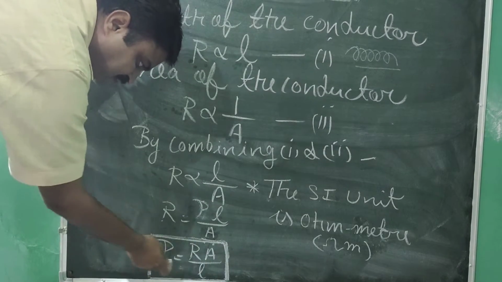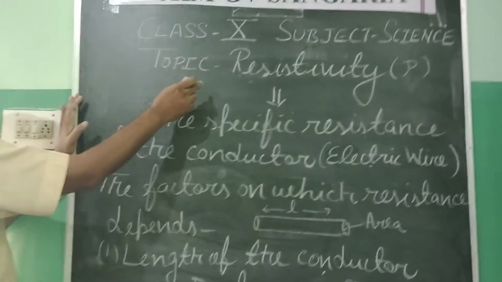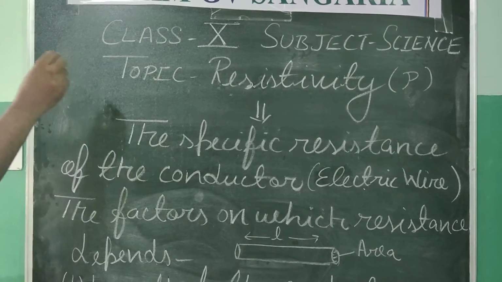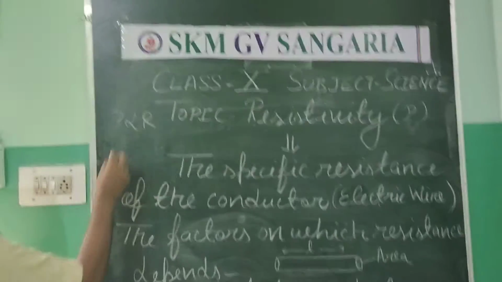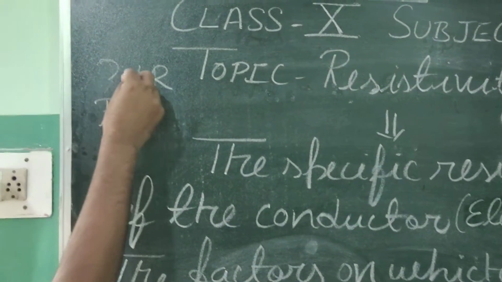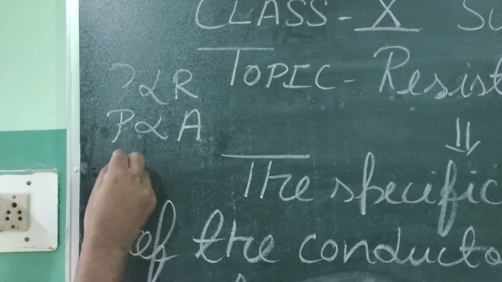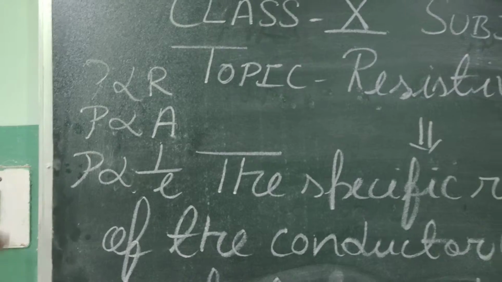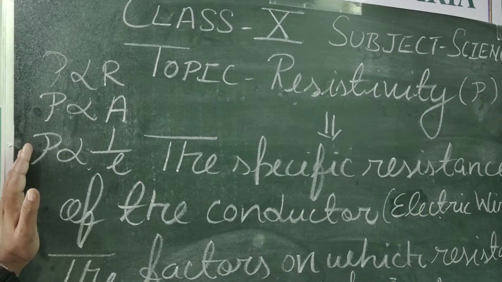And with the help of this we can know that the resistivity depends on the following factors. Resistivity is directly proportional to the resistance, directly proportional to the area, and inversely proportional to the length. If the length is more, then the resistivity will be less.